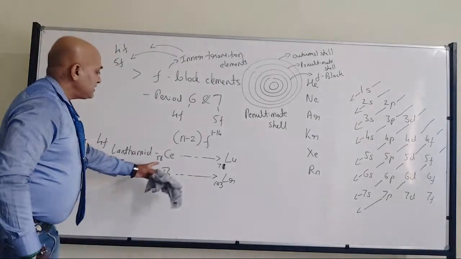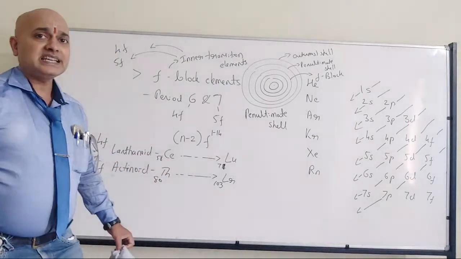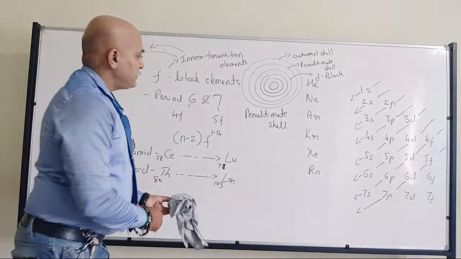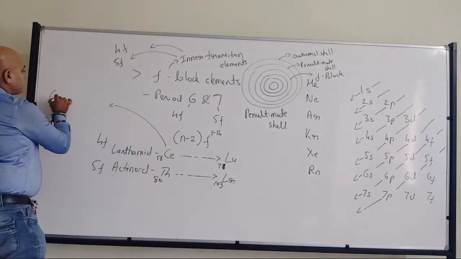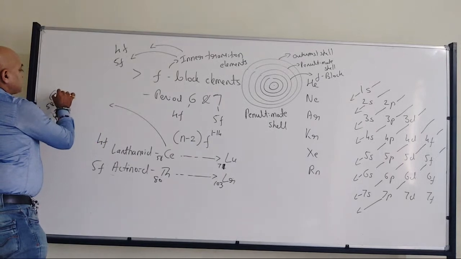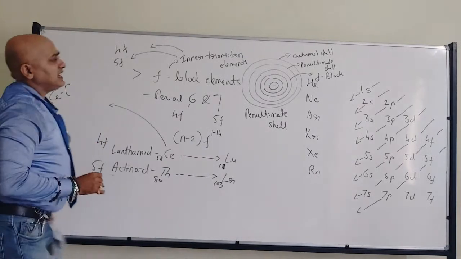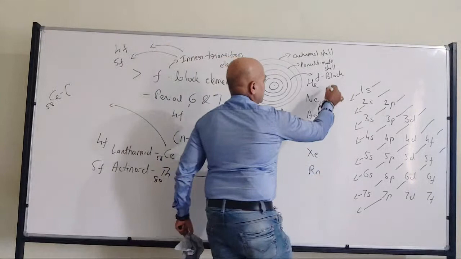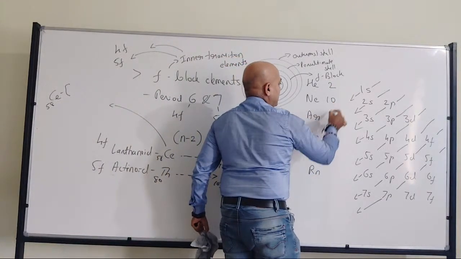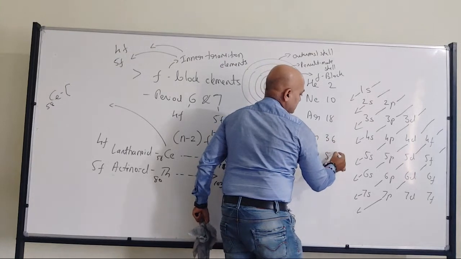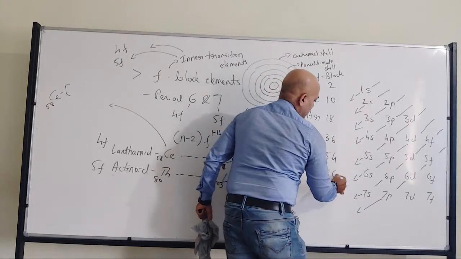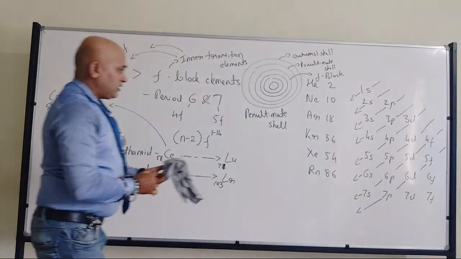Now, if you want to write the electronic configuration for cerium, 58, can any one of you write it? Which inert gas can we take? Here it is 2, then 10, then 18, then 36, then 54, then 86. Got my point?